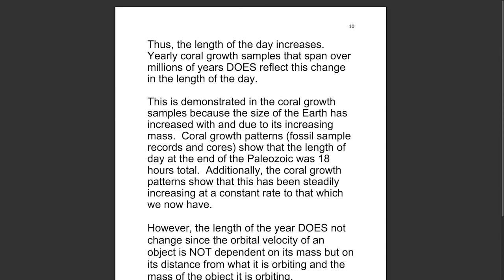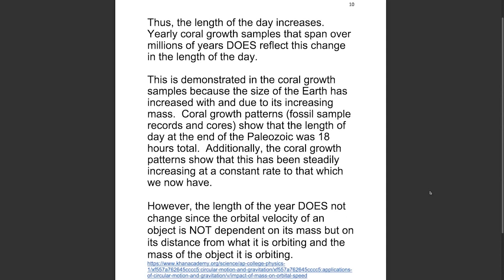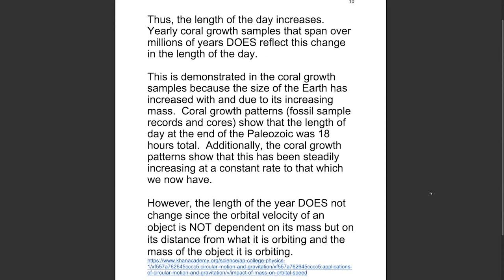However, the length of the year does not change at all, since the orbital velocity of an object is not dependent on its mass, but on its distance from, and the mass of, the object it's orbiting. In other words, in our case, our sun. That's explained in the link you can see here below.